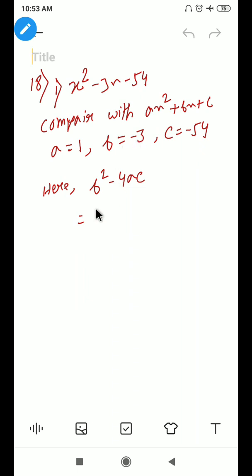So b square is minus 3 whole square, minus 4, a is 1 and c is minus 54. So it will be 9, and minus minus will be plus, and 54 into 4: 4 fours are 16 plus 1, 1 is carry. So 4 fives are 20 plus 1 will be 21.